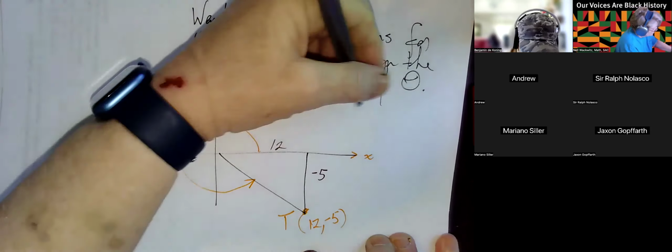That was kind. And we want to label one other thing. Let's label theta prime. And why did I draw it there? Why did I put theta prime as that angle and not the upper angle?